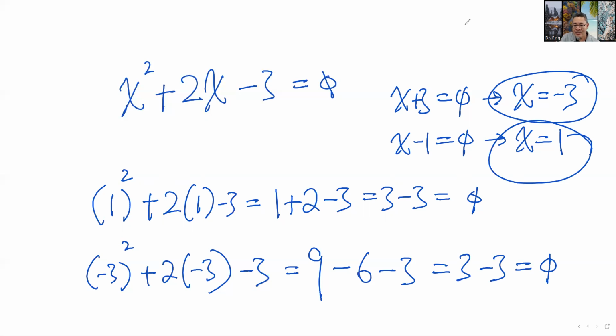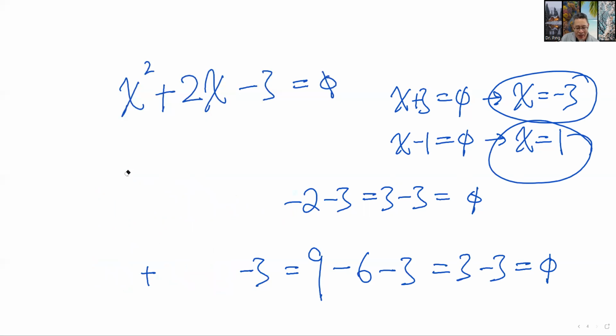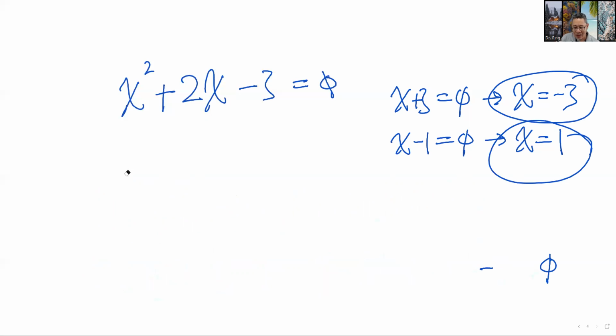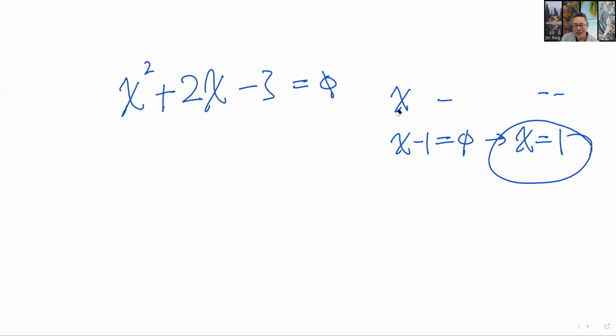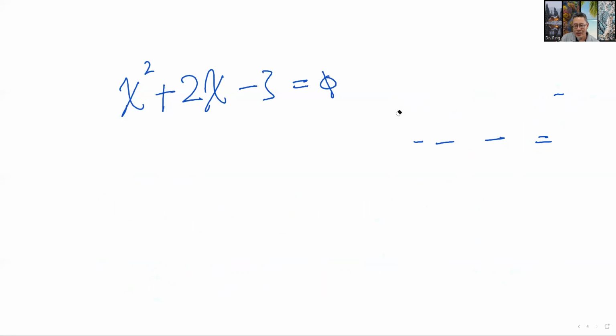And this actually is a common technique in algebra, to break something into two parts. The trick here is we break the 2x into 3x minus x.